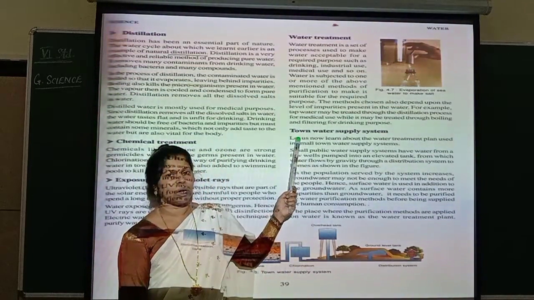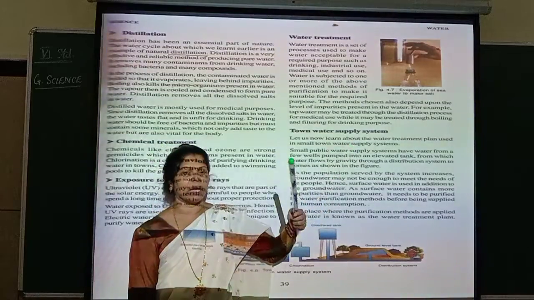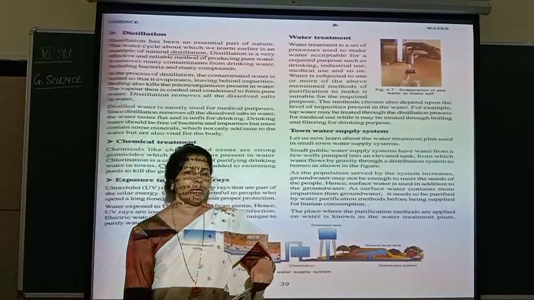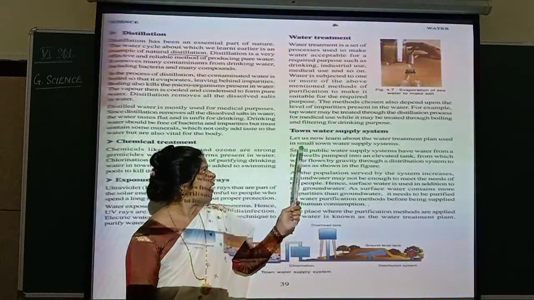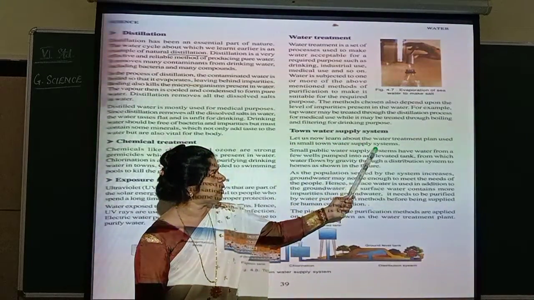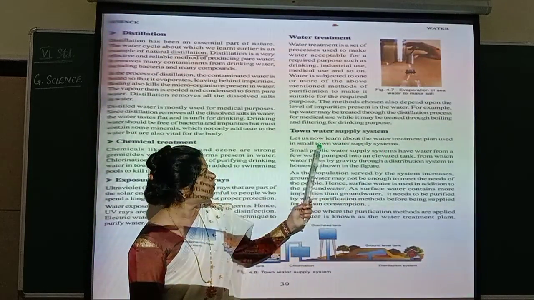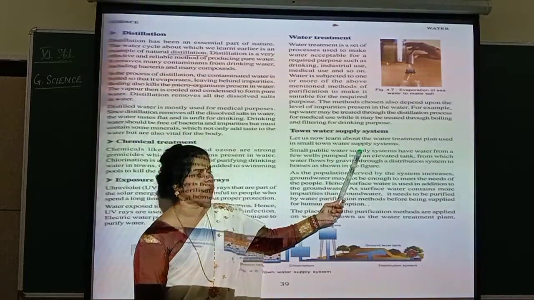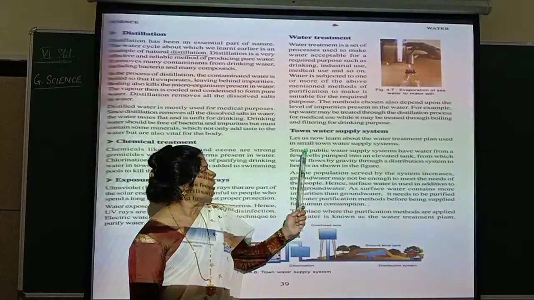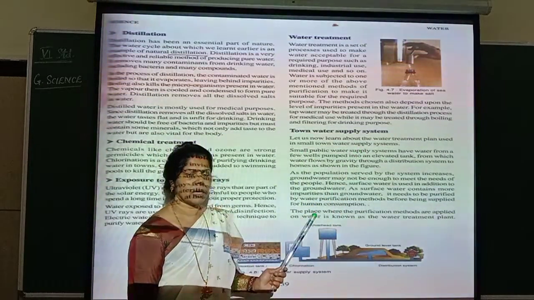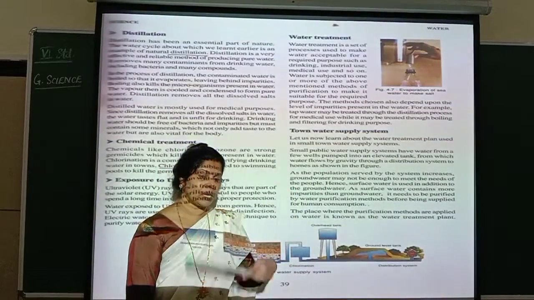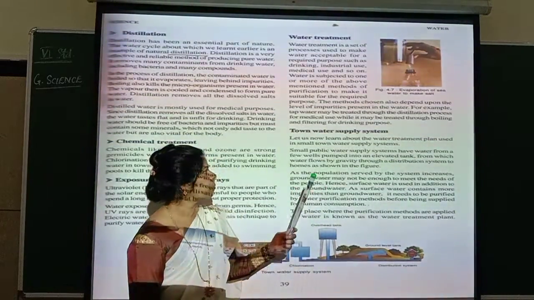Now let us see about the town water supply system, how we are getting water from the different water resources. Let us now learn about the water treatment plant used in a small town water supply system. So how is this water system happening and how is water reaching our houses? Let us see that.